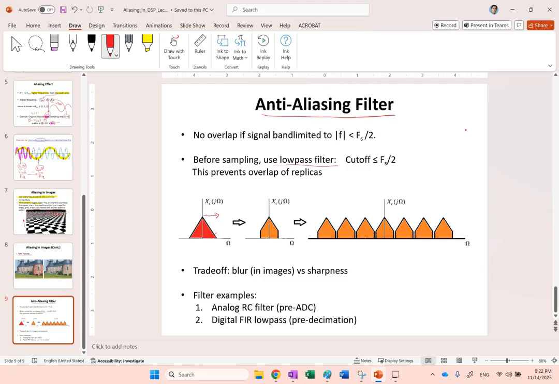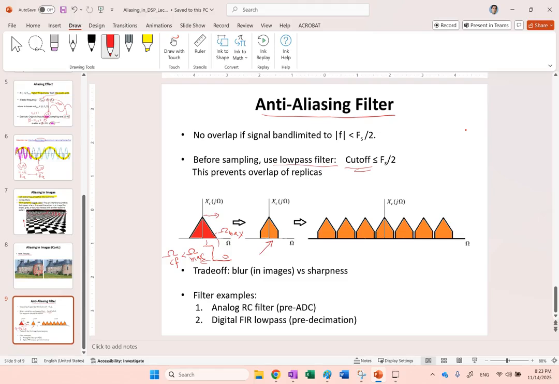So you multiply this by a filter that is 1 up to a certain point, and then it jumps to 0. But this wall is before this signal ends. So if this is your omega max, this filter clearly has a cutoff, which we call the cutoff frequency. The omega cutoff is clearly less than omega max. You cut it below that, so you get a chopped version of this.